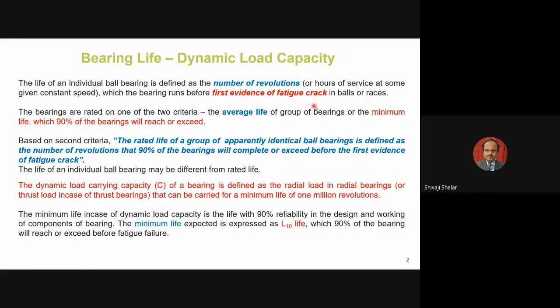Before that, there is a probability of developing a first crack or first destroyed surface. Till that moment, the number of revolutions completed, or the hours of service completed if it is running at constant speed, is called the life of the individual ball bearing.